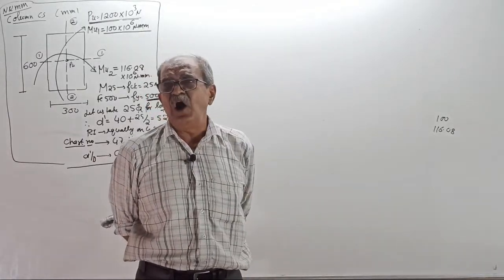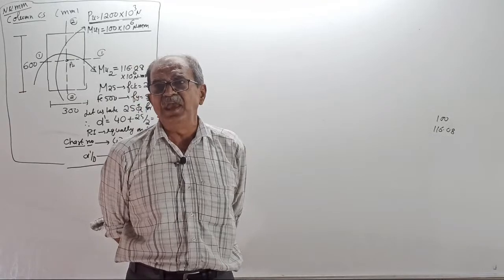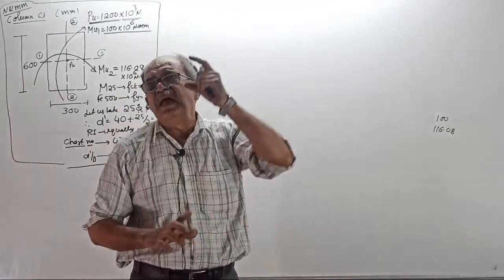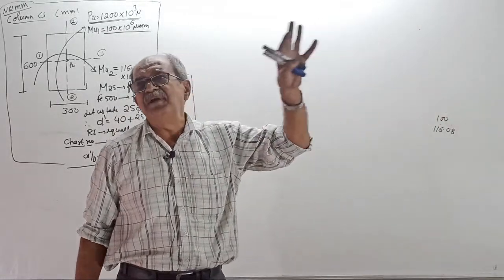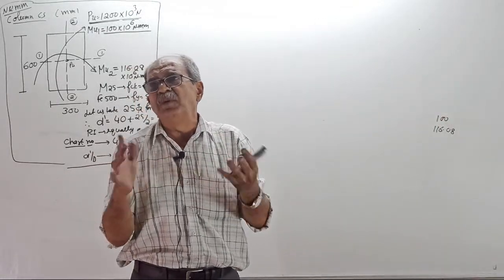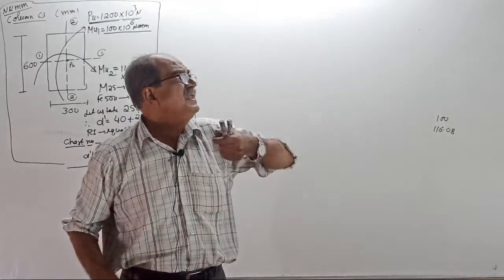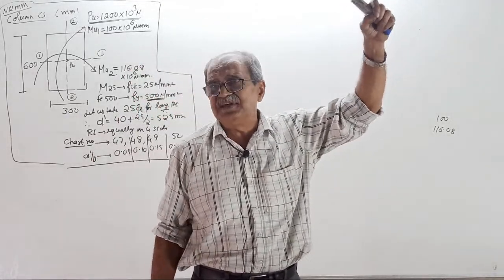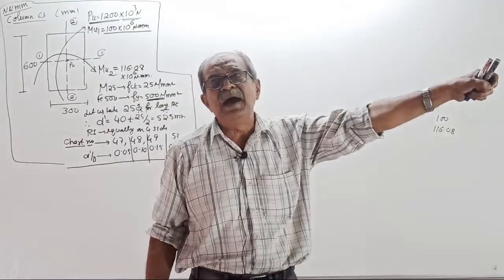When you design a column with axial load and uniaxial bending, you find PU by FCK BD and MU by FCK BD square, and there is no MU1, MU2, only one MU. Directly get P by FCK, accordingly decide percentage of reinforcement and compare with the minimum.